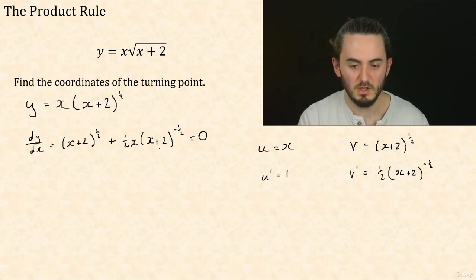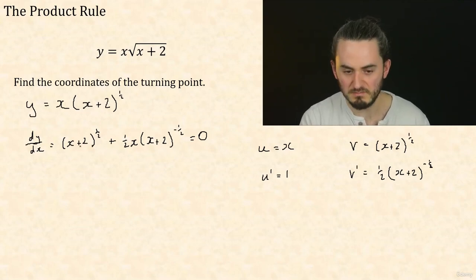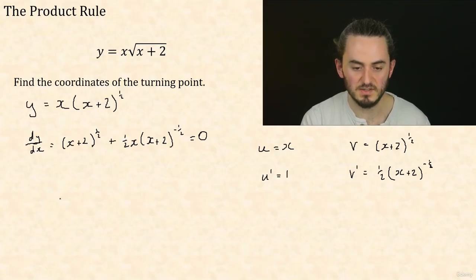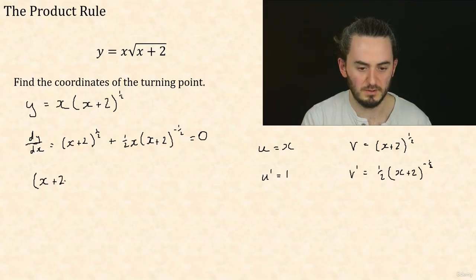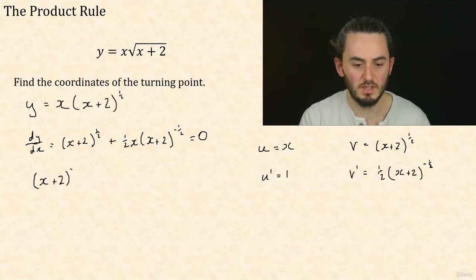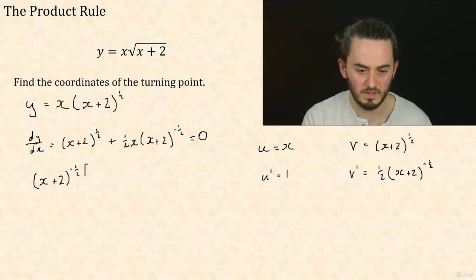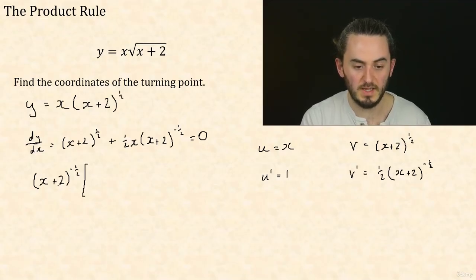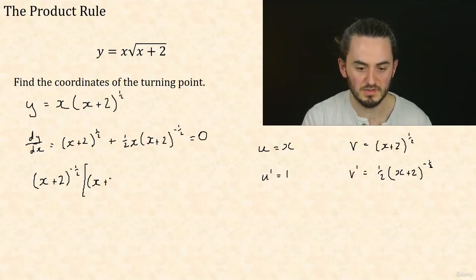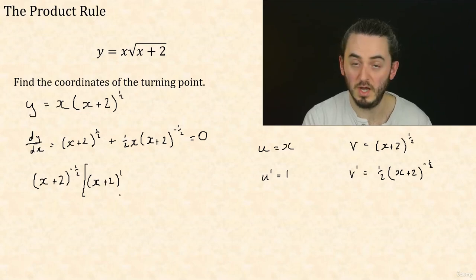Here's how. When you've got these awkward, same bracket but with weird indices, pull out a factor of the smallest power. So I'm going to factorize out x plus 2 to the minus half. I'm going to open some really big brackets there. So what do I need to multiply x plus 2 to the minus half by to get x plus 2 to the half? Well, it's x plus 2 to the power of 1, because the powers added together, 1 plus negative half equals a half.